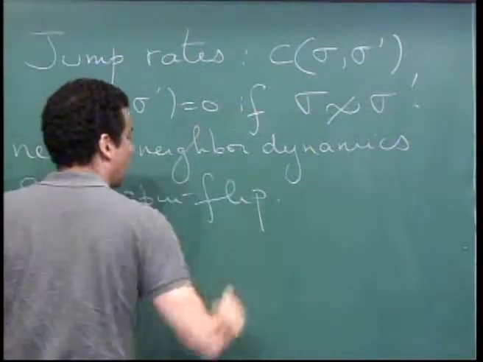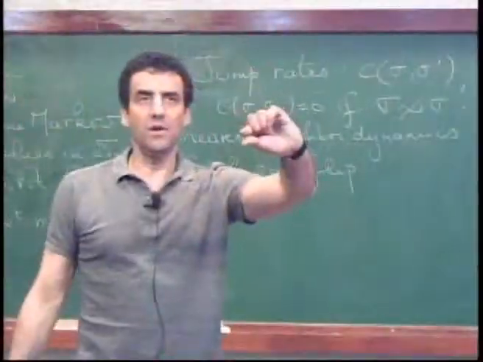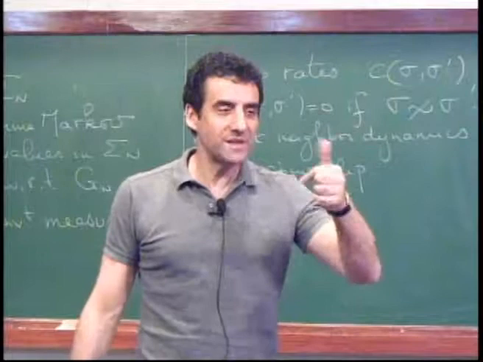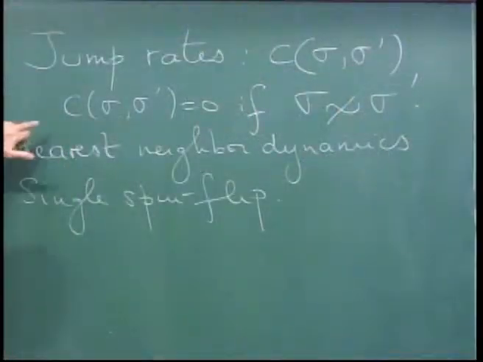Because what it means is that if you have a configuration of spins, the only thing you're allowed to do at any given time is flip one spin. All right? That's nearest neighbor.